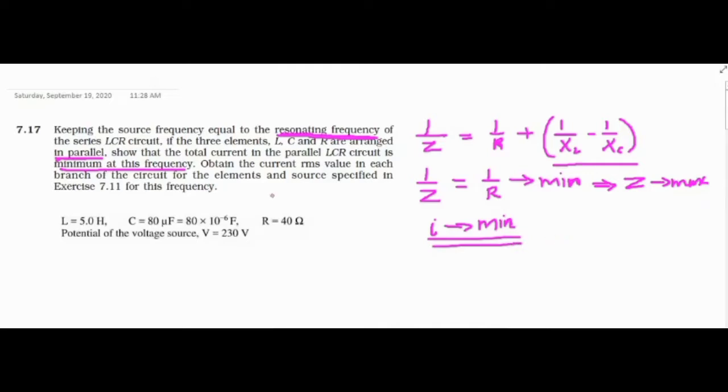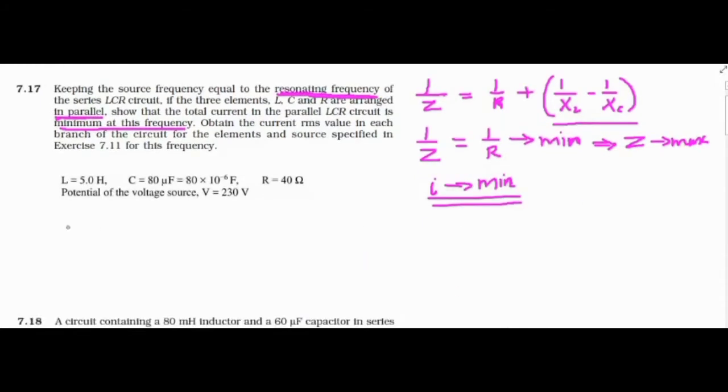Then obtain the current RMS value in each branch of the circuit. So it is a parallel circuit. In a parallel circuit, we know the voltage remains constant across each component. Therefore, we can calculate like this. First of all, we can take IL RMS, which means RMS value of current in inductor. You will get VRMS, which is given as 230 volt, divided by XL.